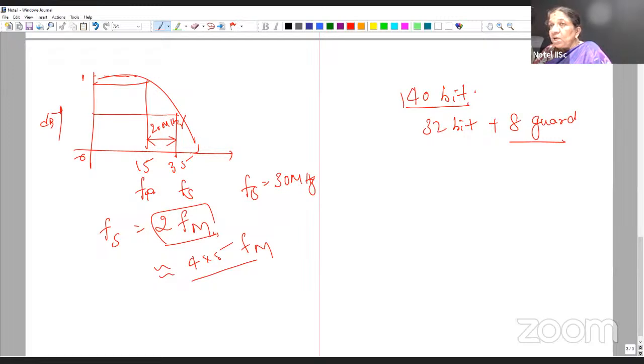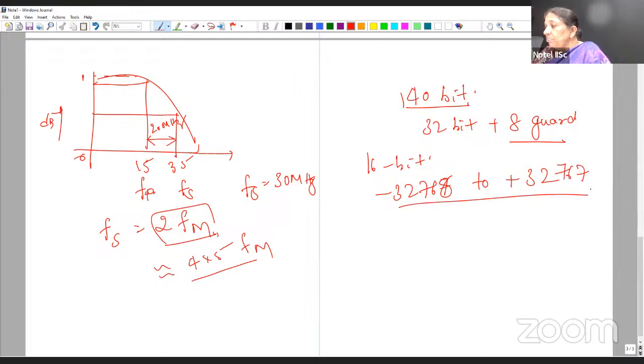It depends on how you put it, as we'll be using fixed point. If it is a 16-bit processor, the range in integer format is from minus 32768 to 32767. This is the maximum value it can take in integer format.